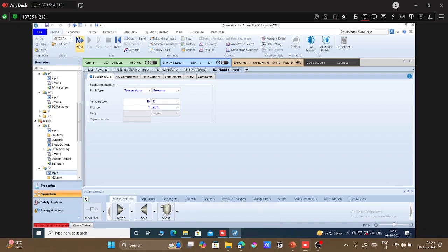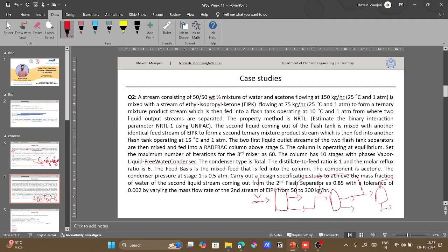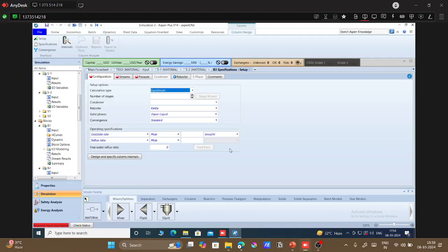So now we will add the data for the RadFrac column, which is B3. The column has a total of 10 stages. Condenser type is total.